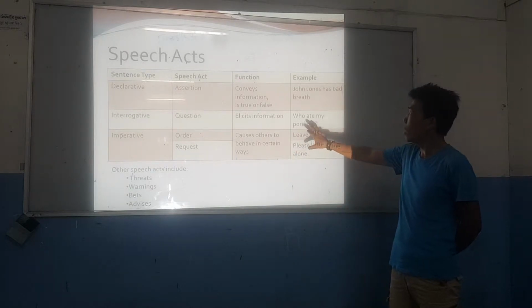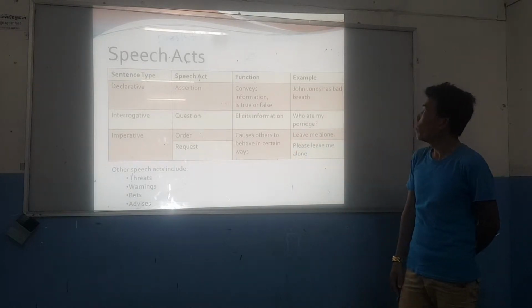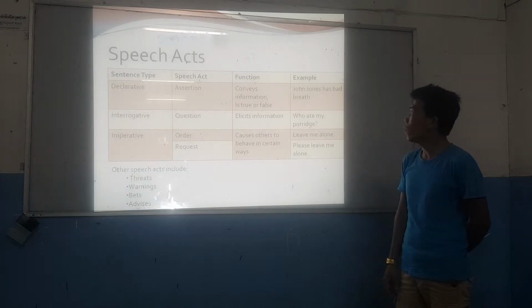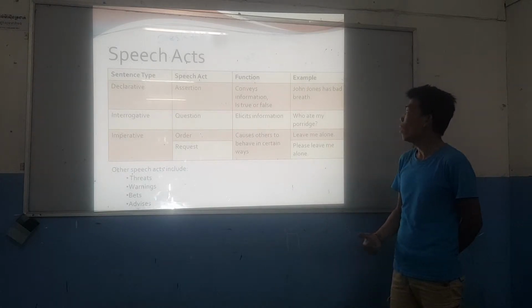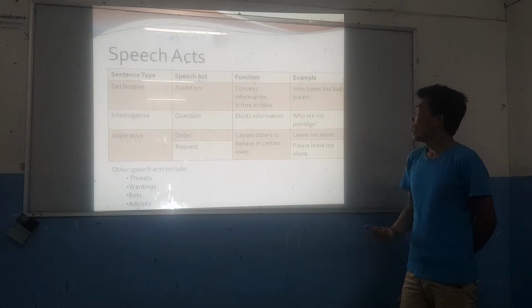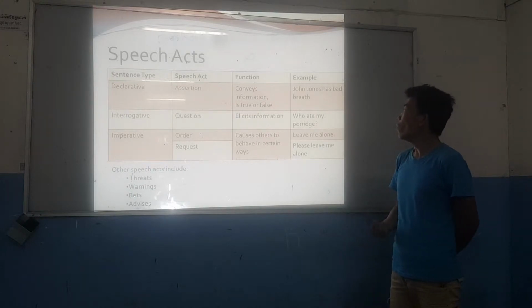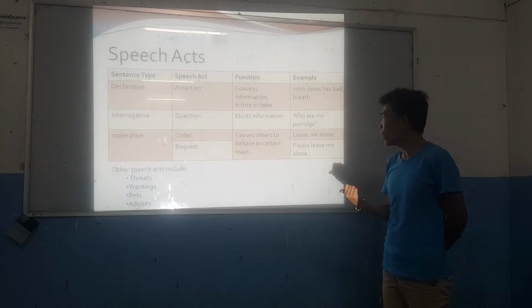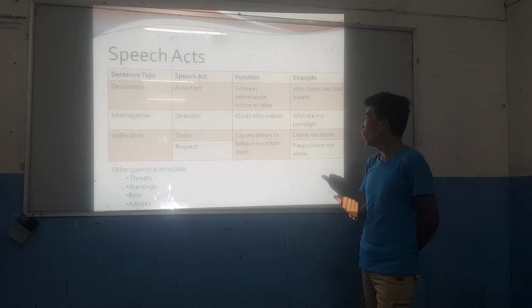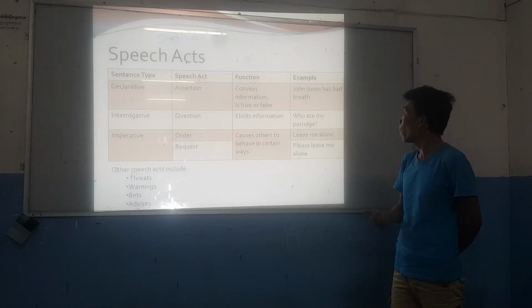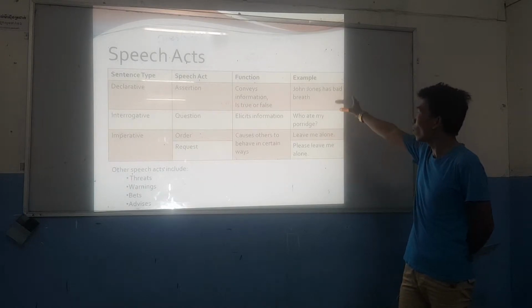So let's see the function of this one. The function of the speech act is to convey information as true or false, elicit information, and cause others to behave in a certain way. So this is the example column.